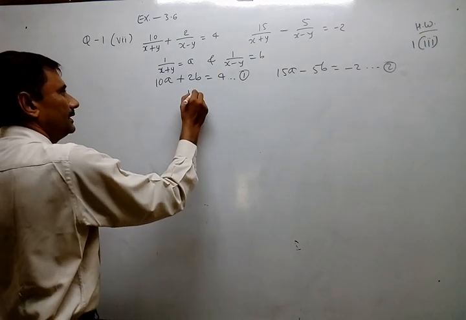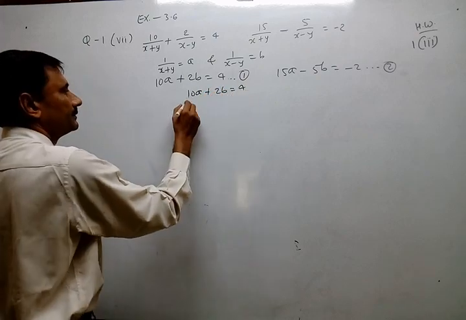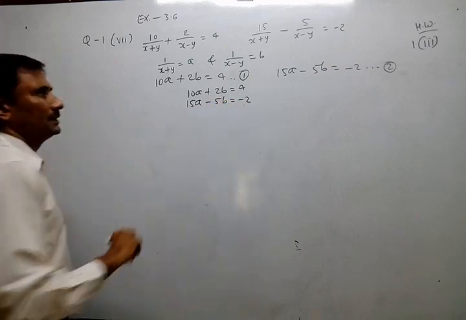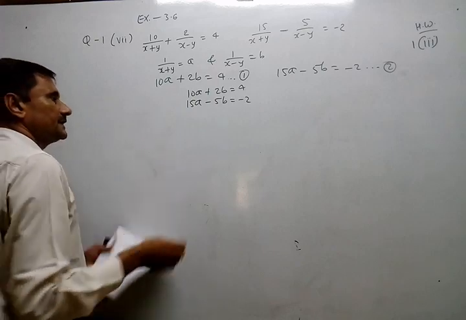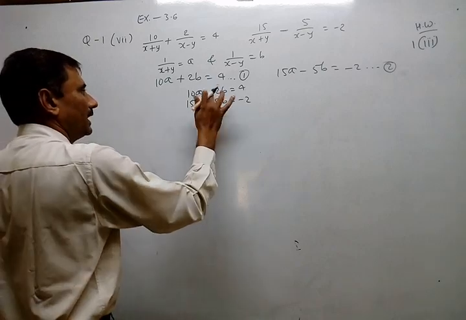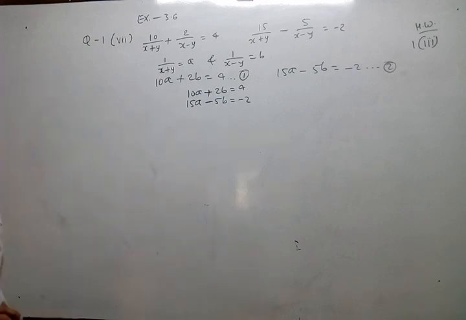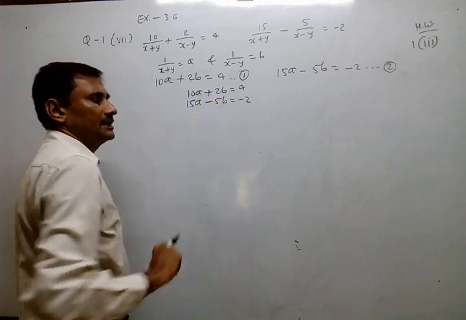Now write down vertically. Now look at it. First of all, decide whether you want to eliminate a or b. You have to select any one. Here the coefficient is big, so I select b.